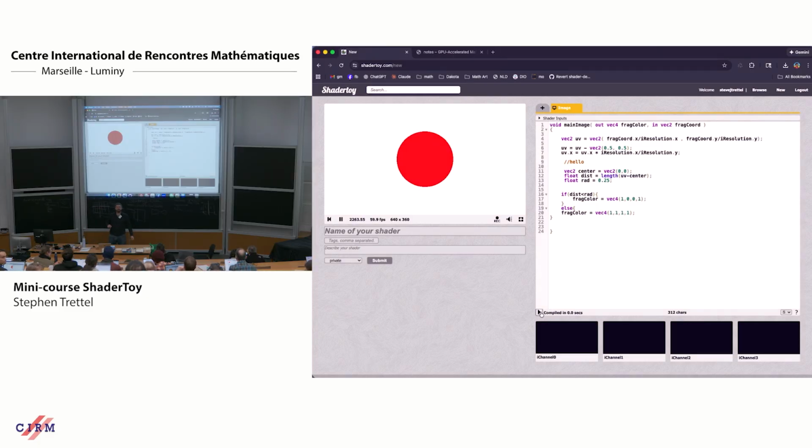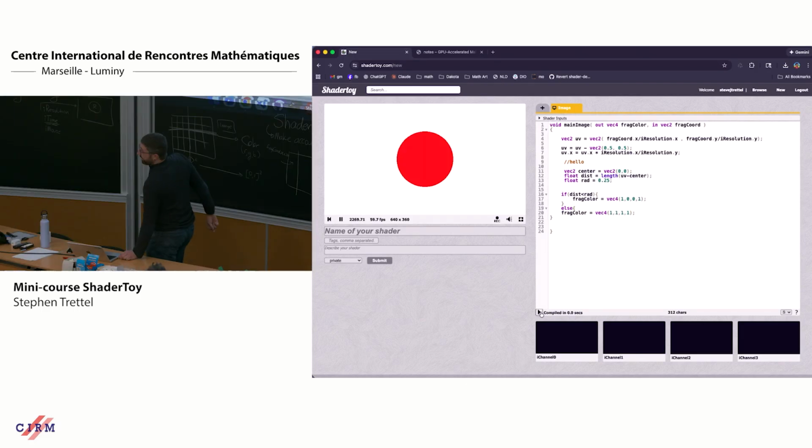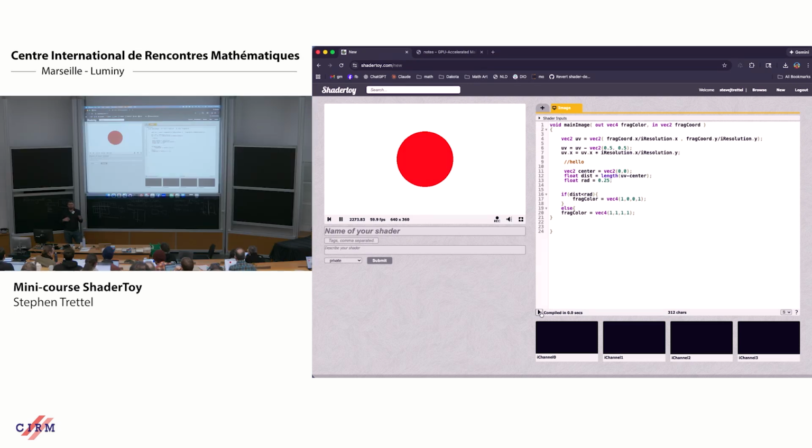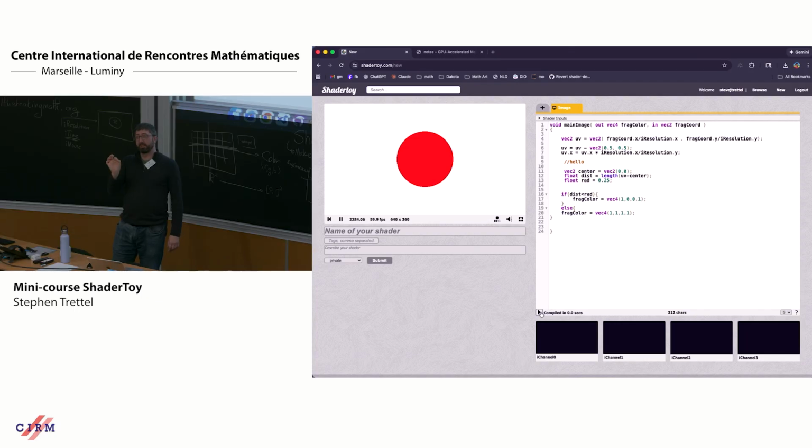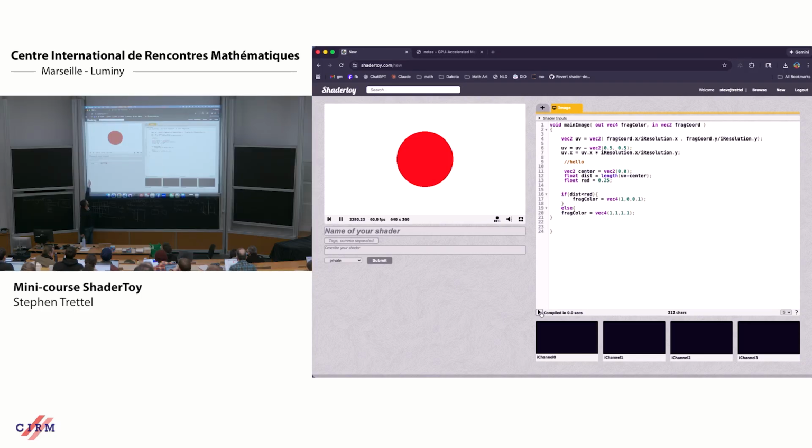Is there also a legal way to normalize the time? Oh, that's a good question. The question is, is there a way to normalize the iTime variable the way that we normalized the fragCoord? iTime will always just run from the start of the clock of the computer. So the way in Shadertoy to start it over at 0 is the rewind button right next to the play button.